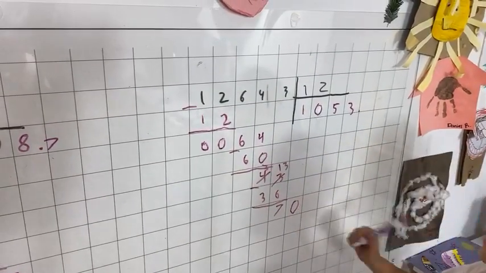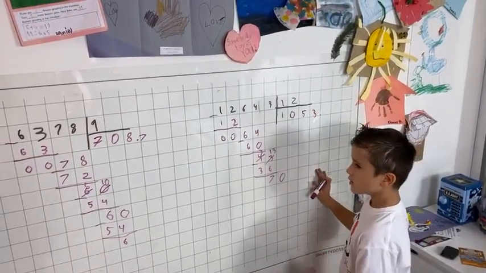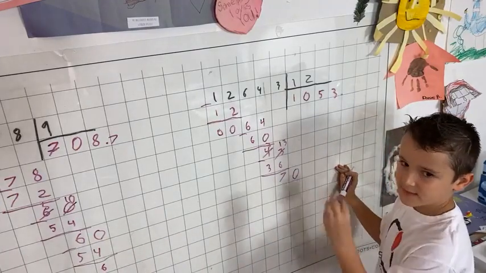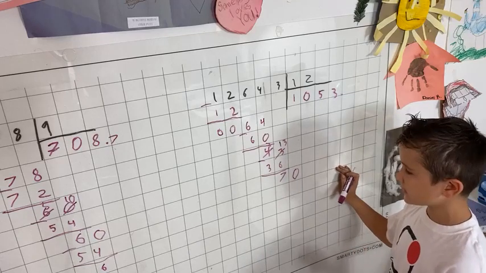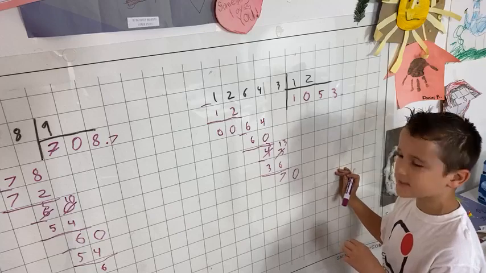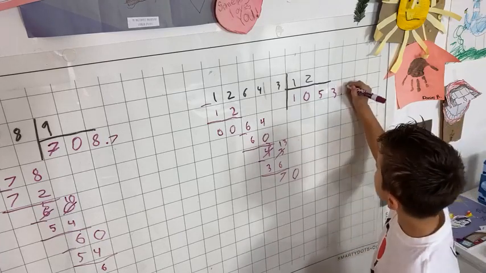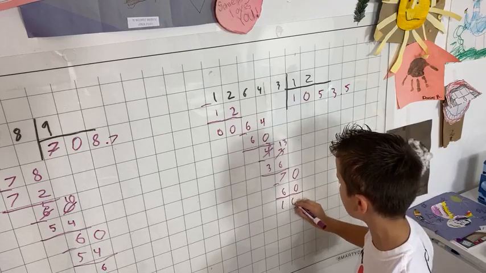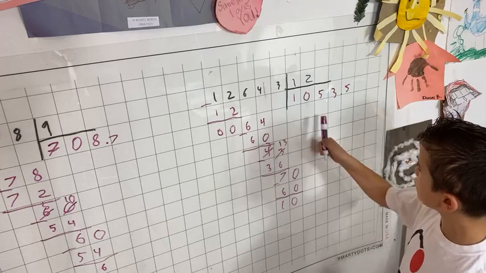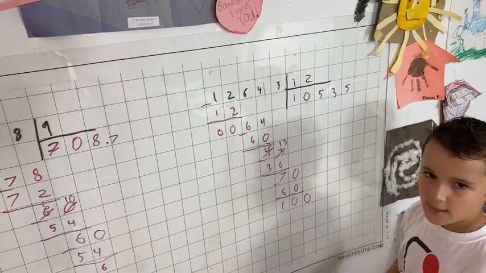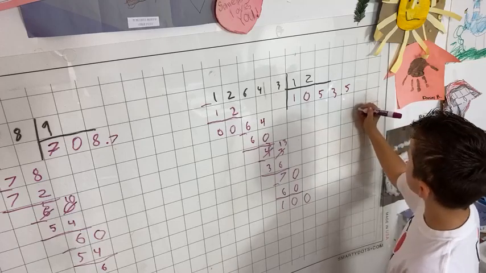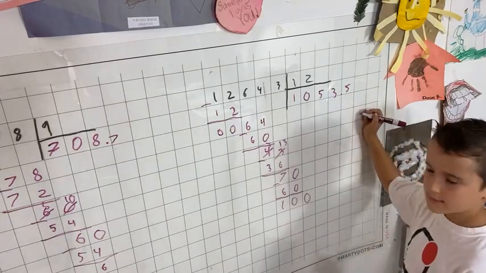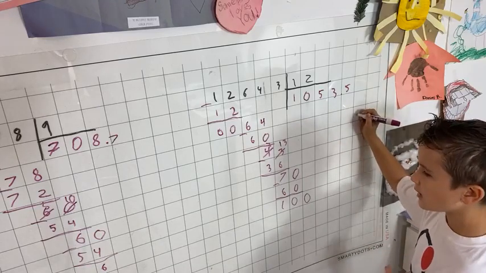We put the 0 here, and then 70. 7 times 12 is 84, but we can't fit the 12 times 10, that's 120, so 12 times 9 is 108, so we still can't fit it.